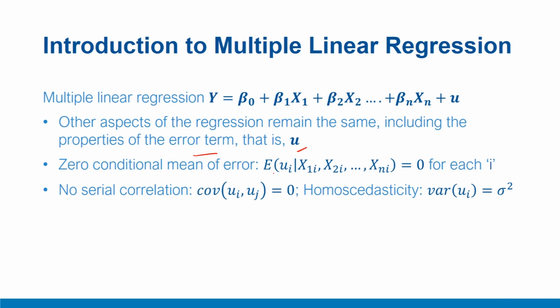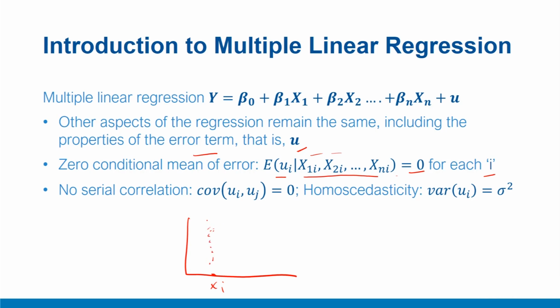First and foremost, the expectation of this error term conditioned upon all the independent variables xi is equal to 0. That means the mean of this error term given all the xi's is equal to 0 for all the i's. For example, if you remember our income and expenditure example, given xi, there were a number of y values.